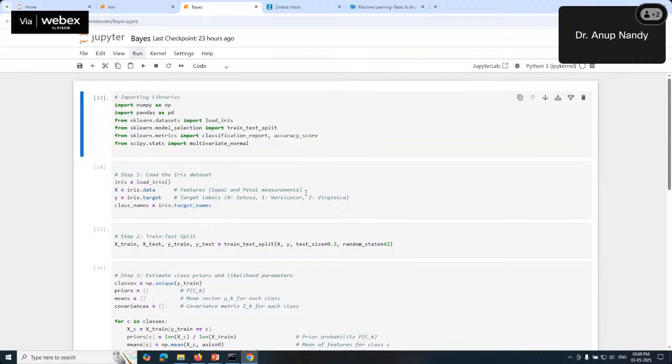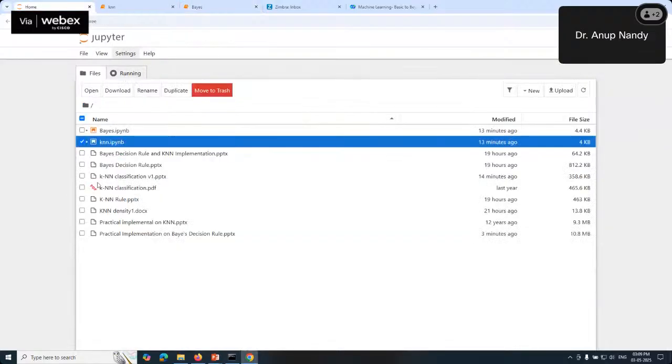This is my home page. As you can see here, all the PPTs and the Python file are already available over here, and I can easily use it for further applications also.